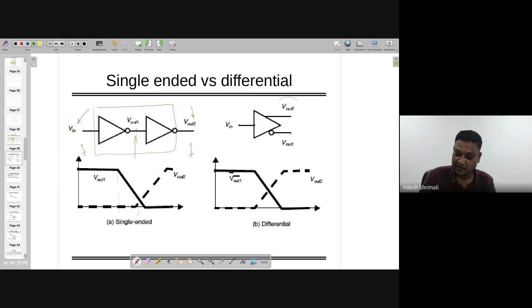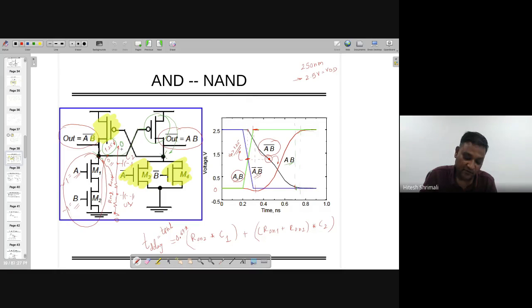But if it is a differential one, where Vout1 and Vout2 are actually connected to each other, what I mean to say is, when this is going towards 0, this transistor is getting on. When this node is going towards 0, this transistor is getting on. So there is always a relation between these two nodes, actually kept in positive feedback.